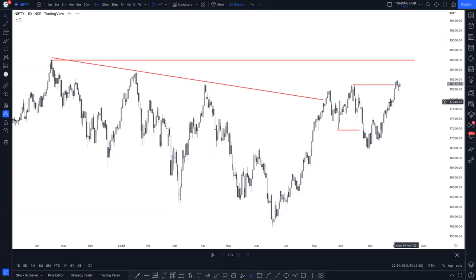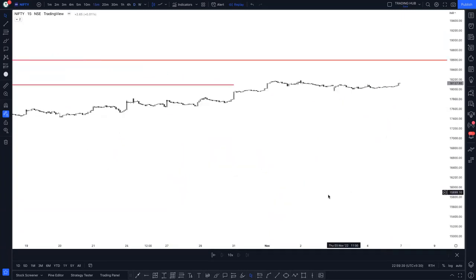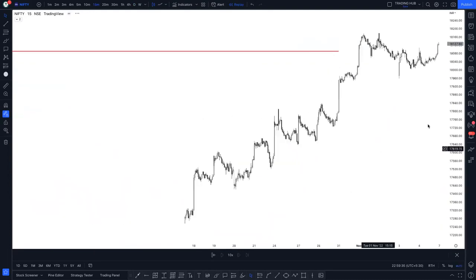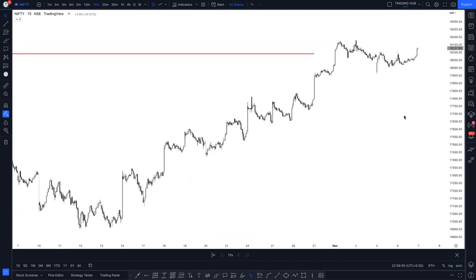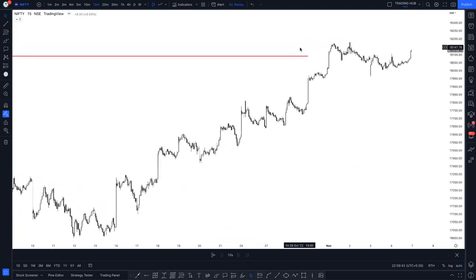In the 15-minute structure, which is mostly manipulated, and how the structure is. There is no rule that any particular session can be trapped, right? Maybe your London, New York, and your Asian. Generally, people mark the Asian session as manipulated.